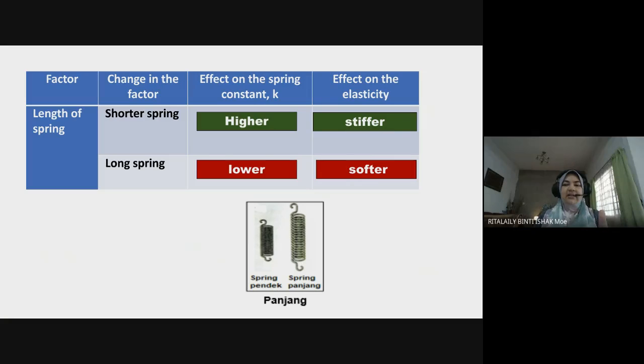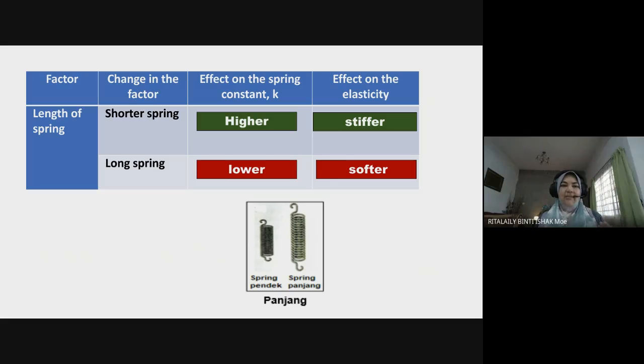Okay, let's say we have a spring and we want to find Hooke's law. So the question asks us what is the constant variable? One of the constant variables we can use is the initial length of the spring. There must be the word initial. If you say that the constant variable is length of spring, it is wrong.